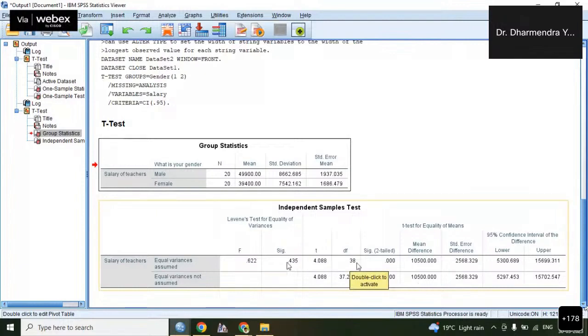So our significance value is 0.00. It means what? What is the value of P? It is very much less than 0.05. Okay. So how will you interpret?